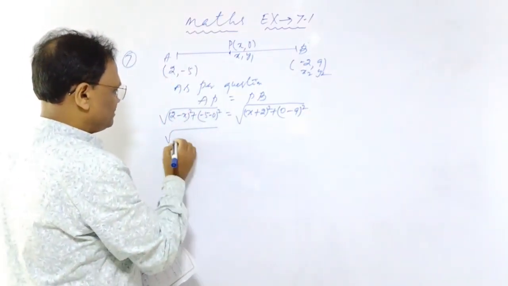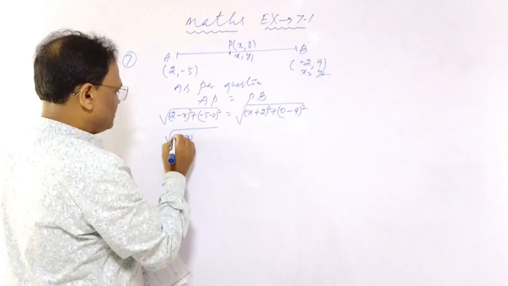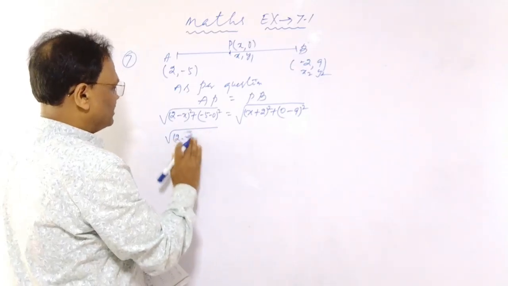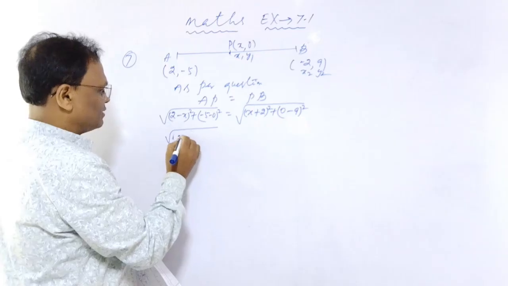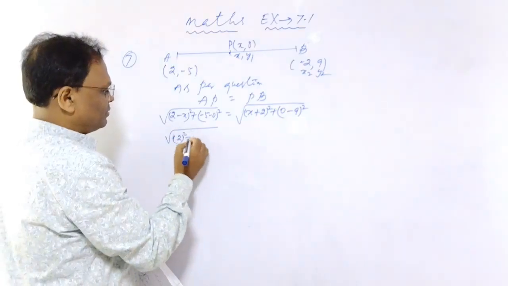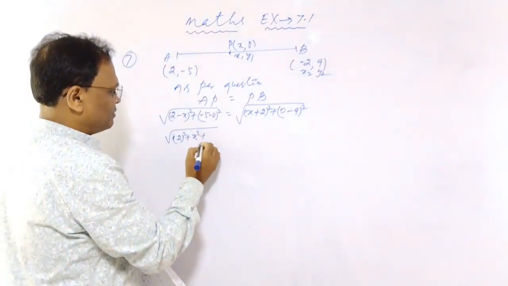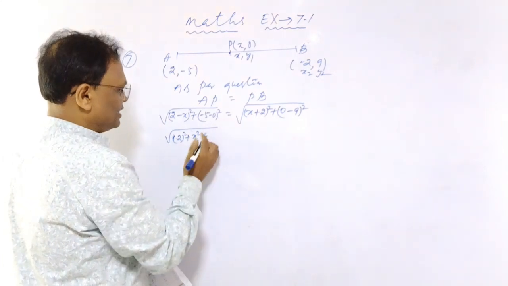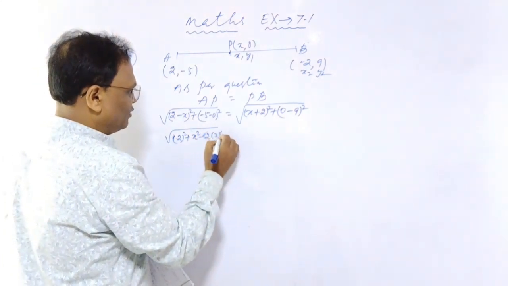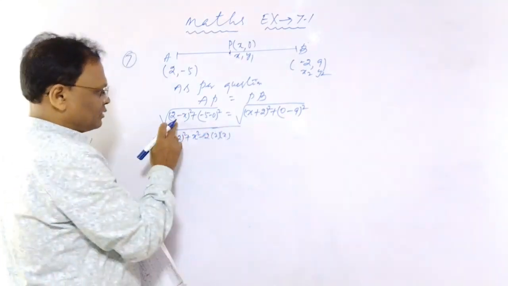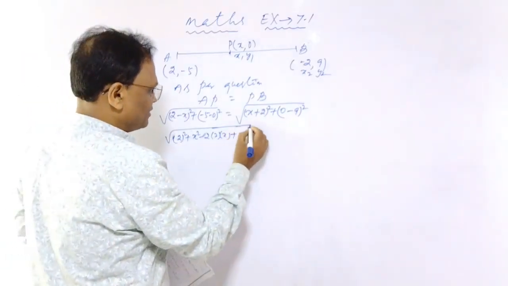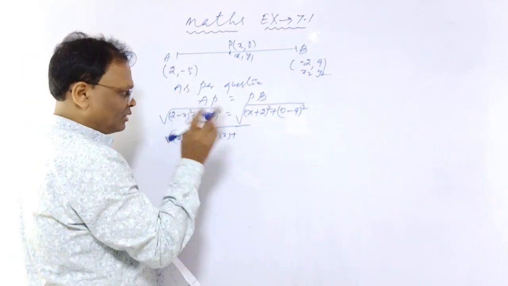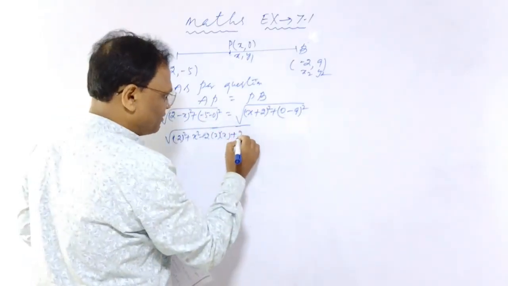Now this gives me, directly I can use the formula (a minus b) whole square equals a square plus b square minus 2ab. So the first one is (x minus 2) whole square: x square plus 2 square, minus 2 into 2 into x. Then the y part: minus 5 minus 0 means only minus 5, minus 5 whole square is 25.